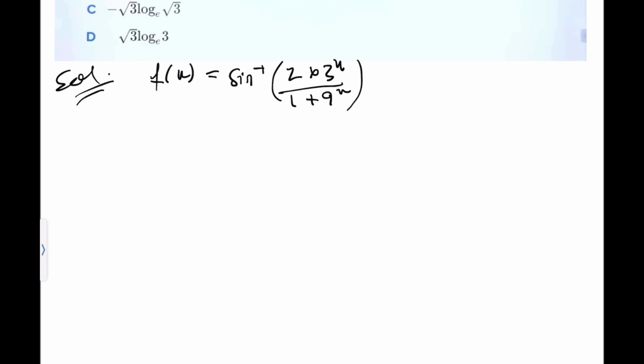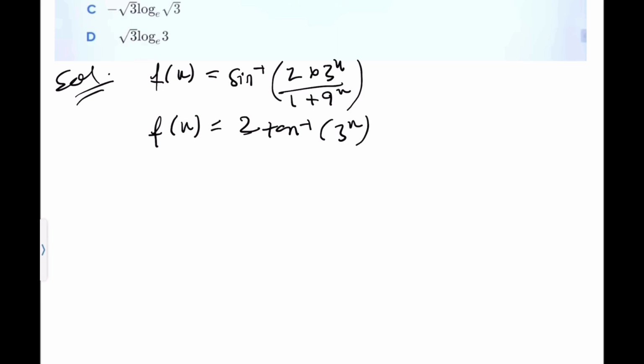If we look carefully, this term can be written as f(x) equals twice tan inverse of 3 to the power x.